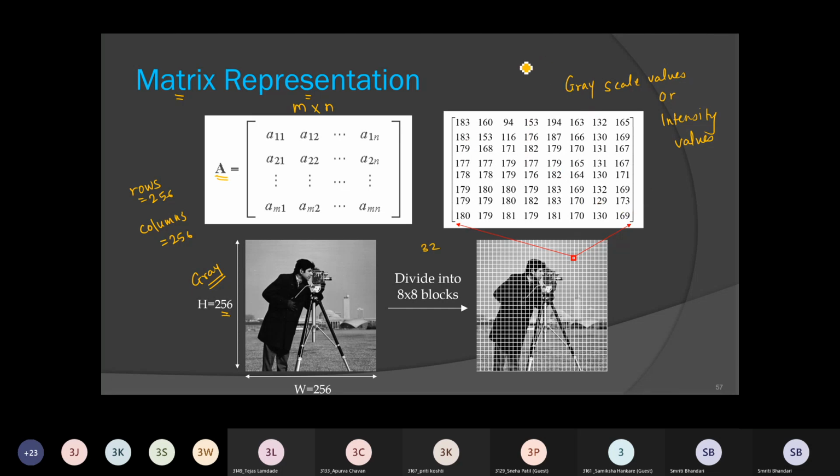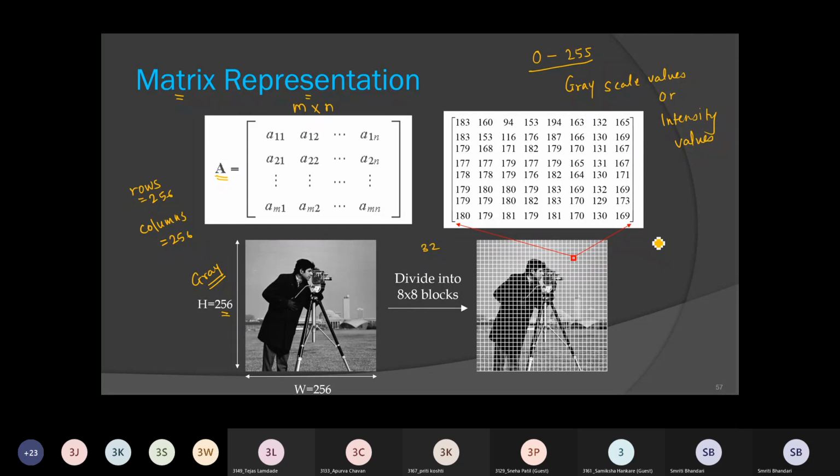If you look at these values, the range of the values is between 0 to 255. A grayscale image is represented with 256 grayscale values. Each point has a value in the range 0 to 255, and this value is known as the grayscale value or the intensity value.